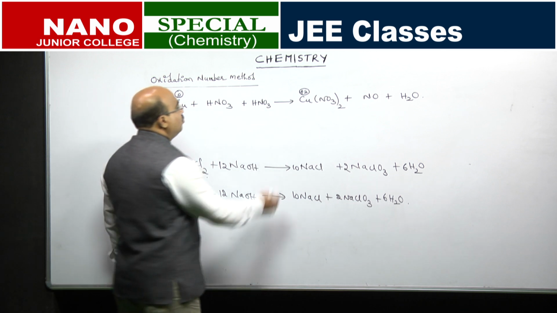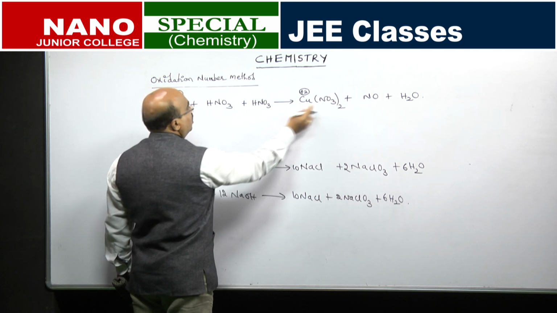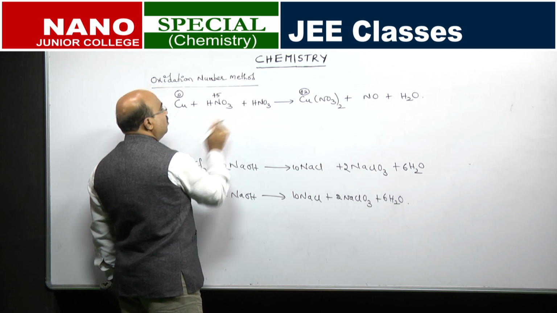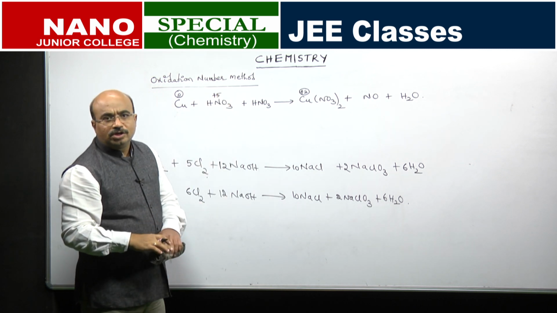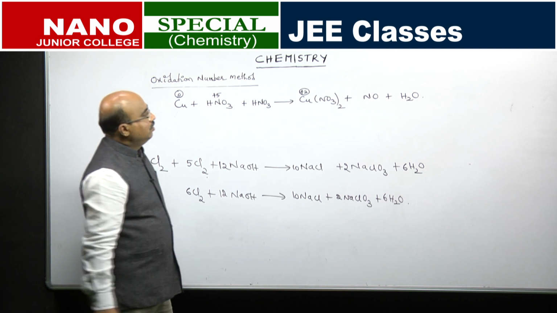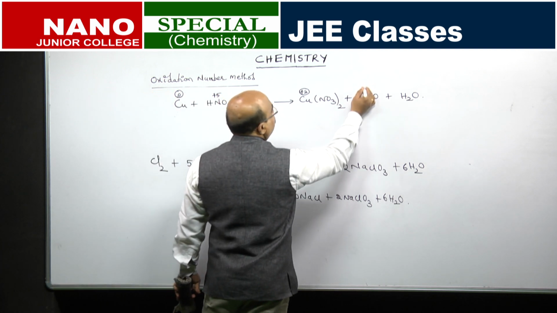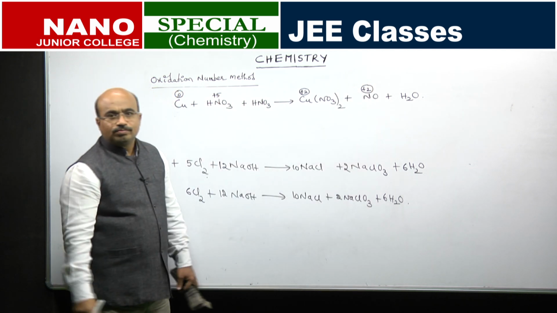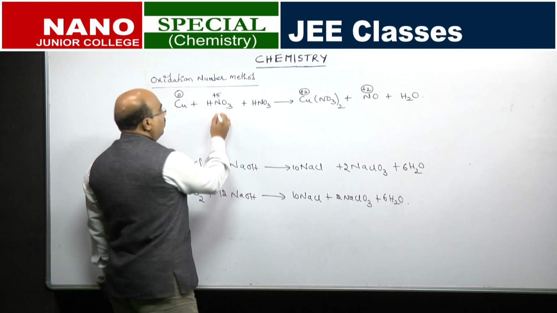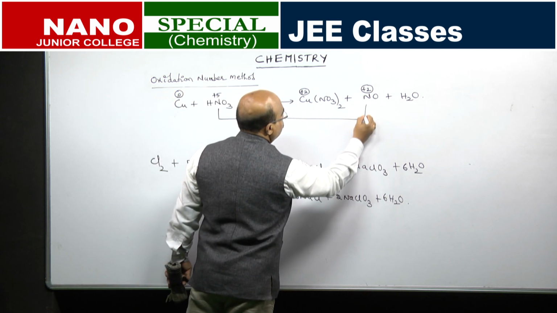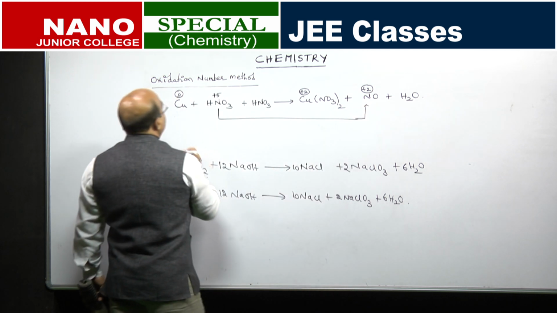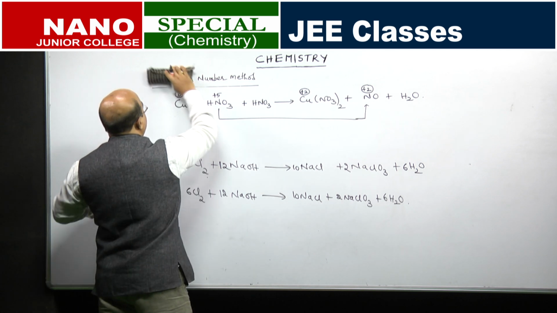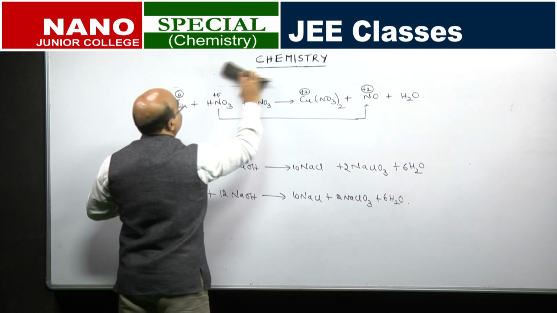And here nitrogen is plus 5 in HNO3, but here the nitrogen oxidation state is plus 2 because oxygen is minus 2. So, these nitrogens are converting like this and this copper is converting as plus 2.